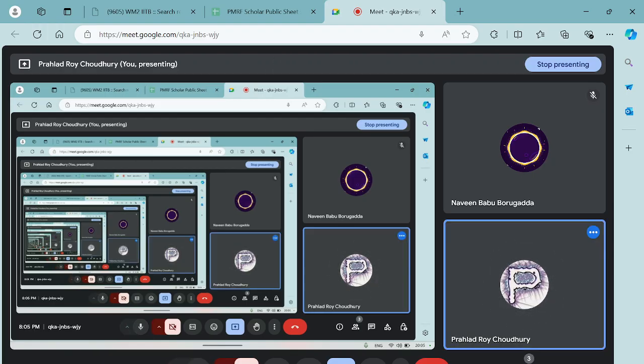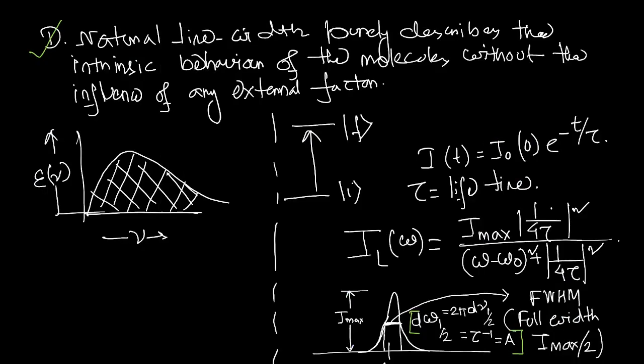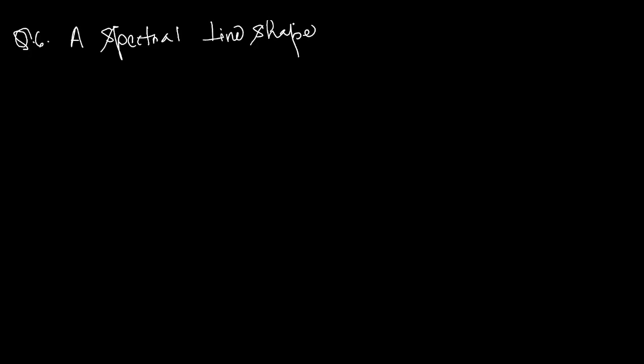Let's start. So question number 6. The spectral line shape is given by a Gaussian function.